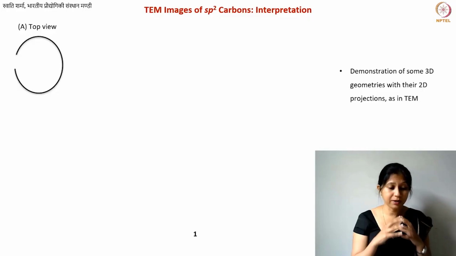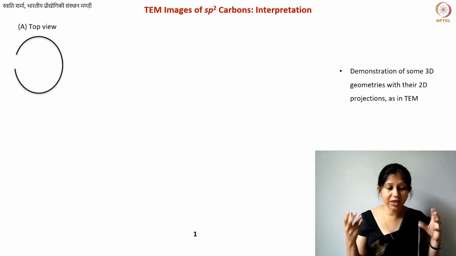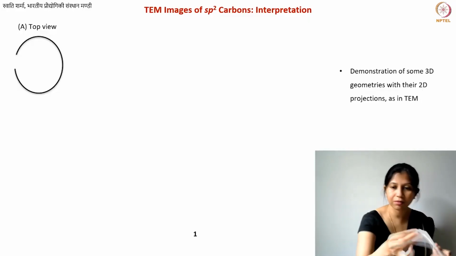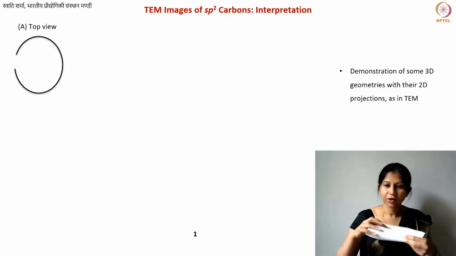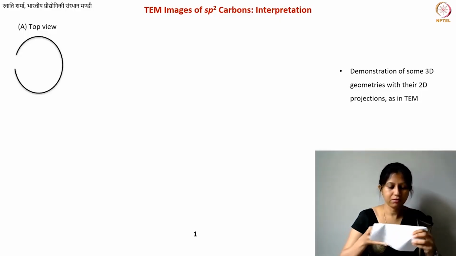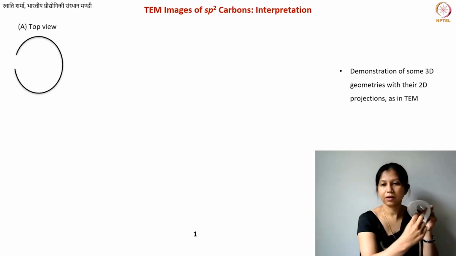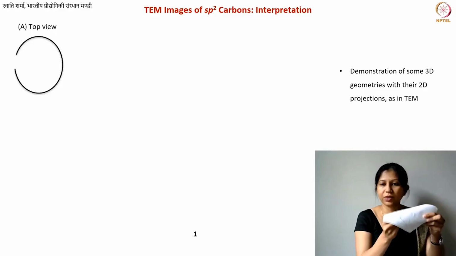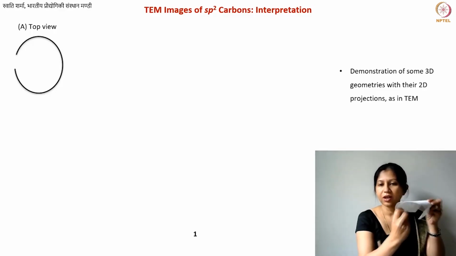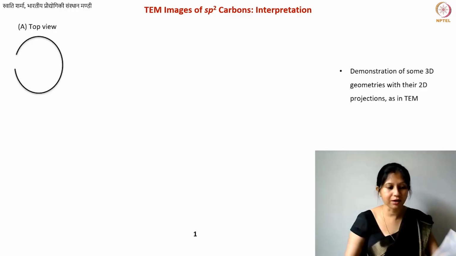So maybe it is a tube. That is possible, but it could also potentially just be some randomly organized sheet. It can be something like this, which is not completely closed, right? And this is not really a tube. This is just some graphene flake which is folded, which has a curl.